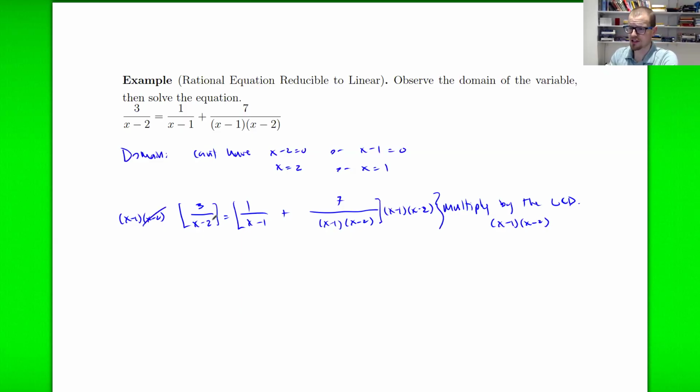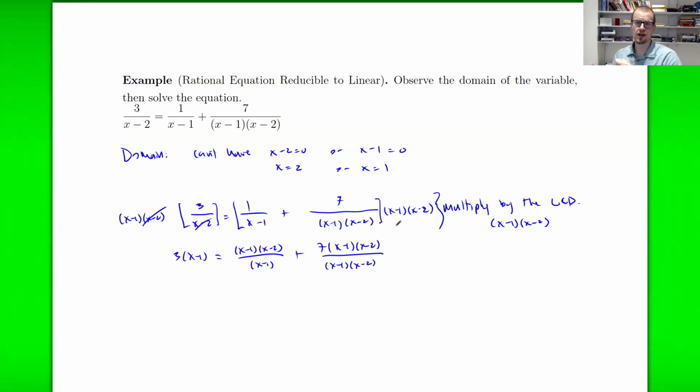We're going to have cancellation of x minus 2 and x minus 2, giving us 3 times x minus 1 is equal to, now we need to recognize that we need to distribute. So we need to distribute this into the brackets here. So distribute to the 1 over x minus 1. We would have x minus 1 times x minus 2 divided by x minus 1. And we have 7 times x minus 1 times x minus 2 divided by x minus 1 times x minus 2.